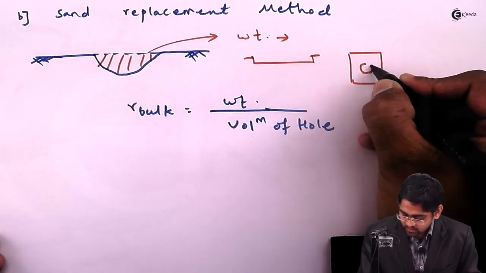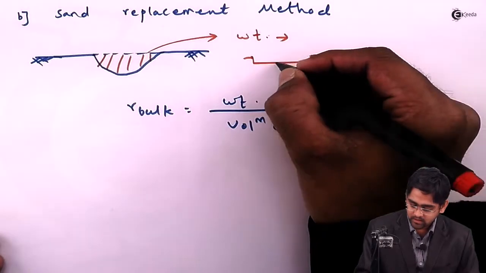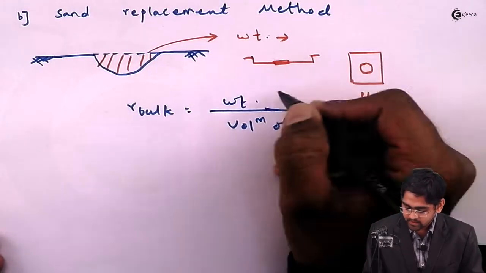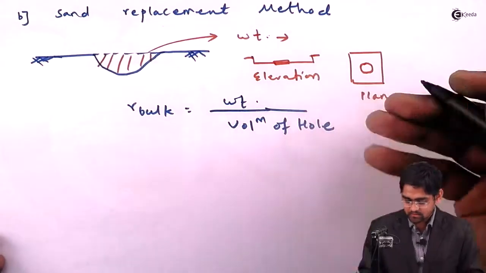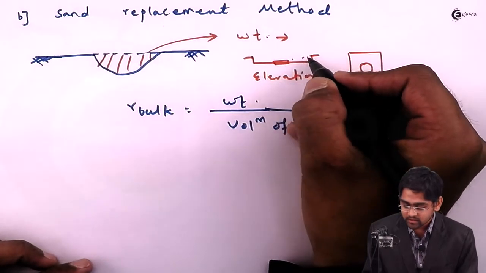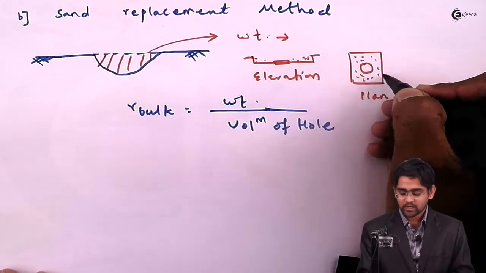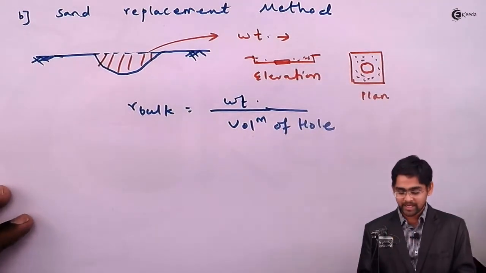We have got a circular hole like this and we take the soil inside it, and this is the hole location. This is a plan, this is elevation. Then you will collect the soil in this pan, and after collecting, you will take its weight just by the weight balance.